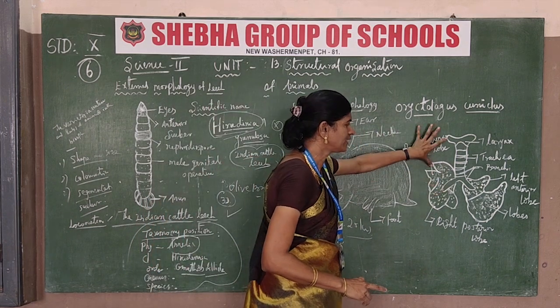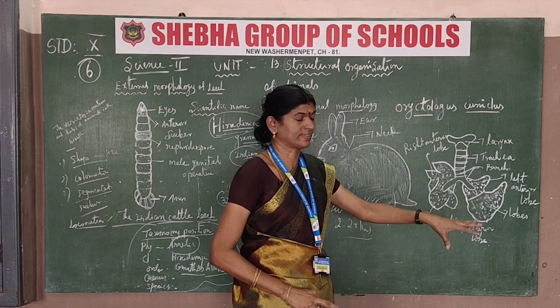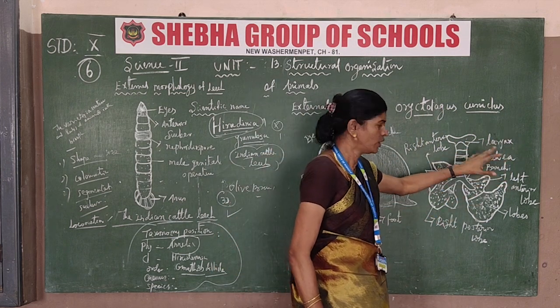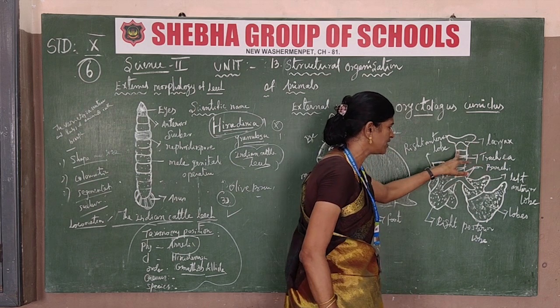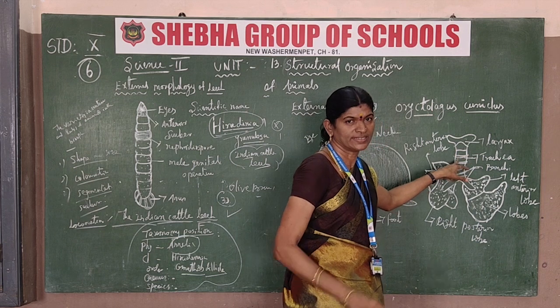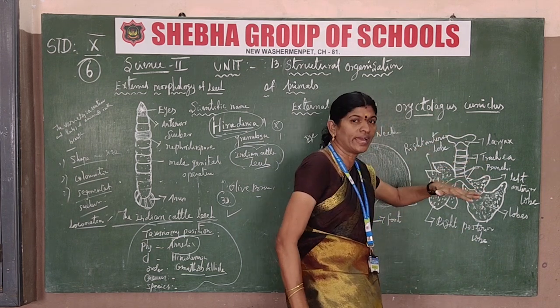Next, the lungs of the rabbit, the external structure. In the anterior region the larynx is present. Then the trachea, with its rings, four or five mentioned. The bronchi are below the trachea.